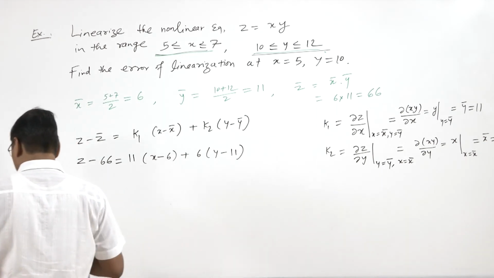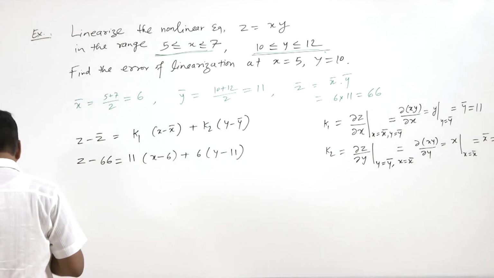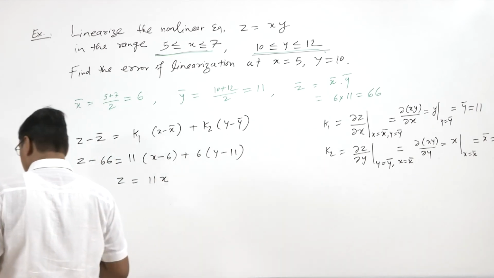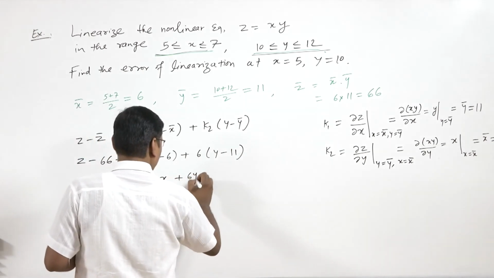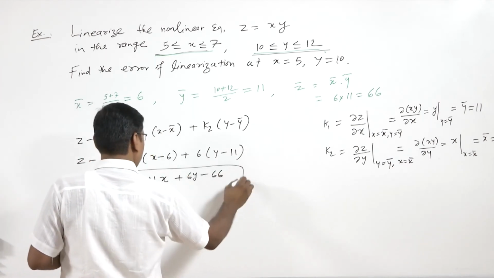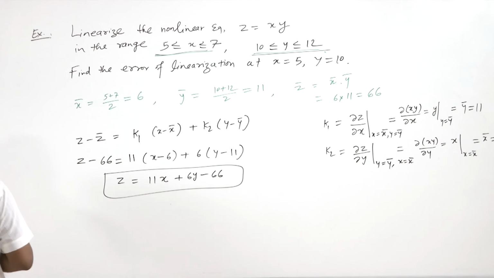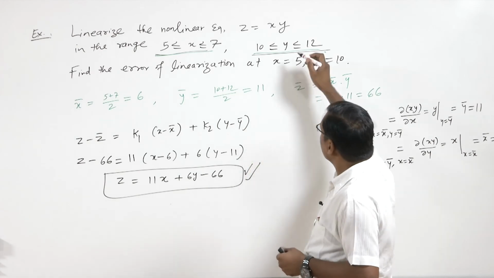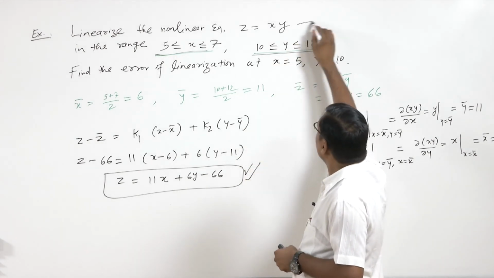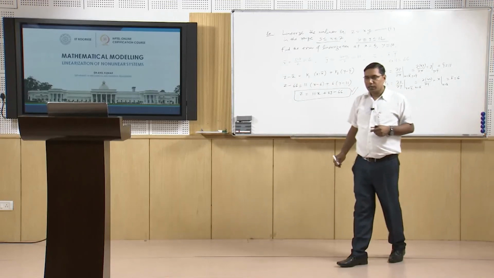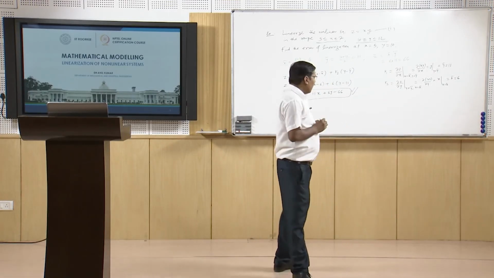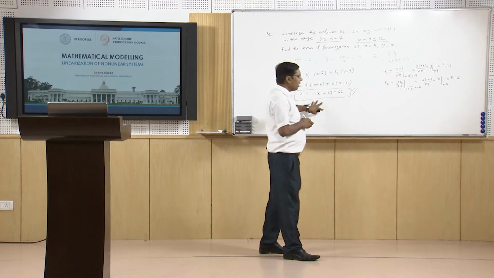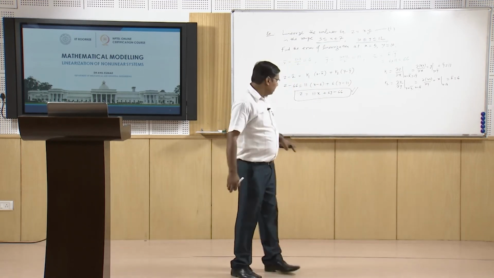We can simplify this equation and find z equal to 11x plus 6y minus 66. So, this is the linearized form of equation 1. Equation 1 is the nonlinear function, and in this range we have linearized it as equation number 2.